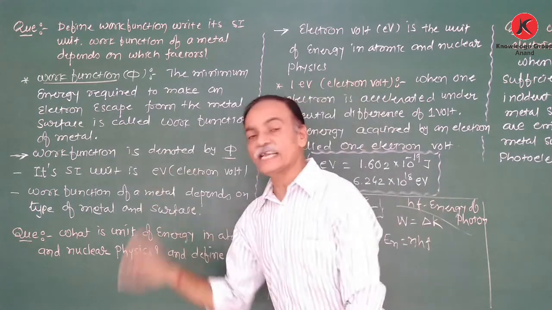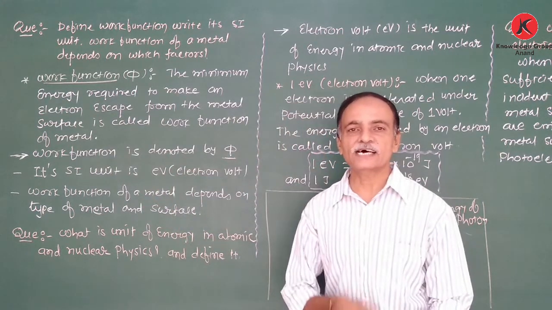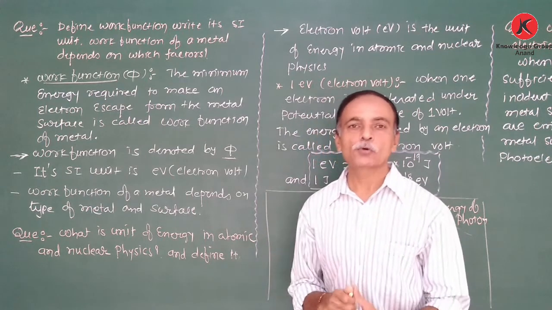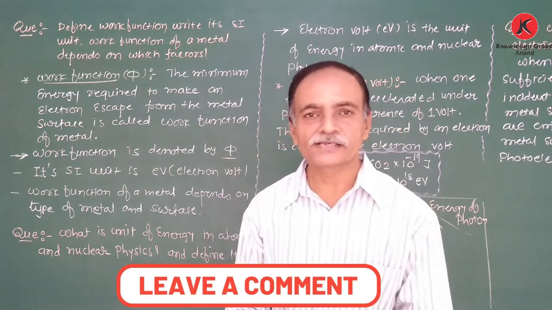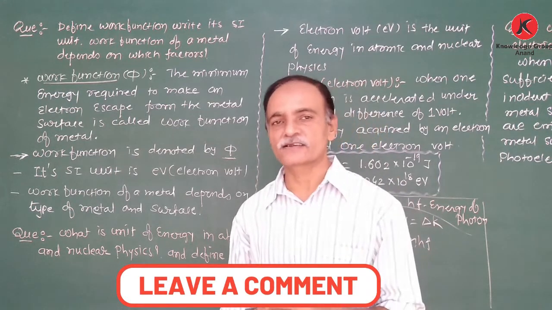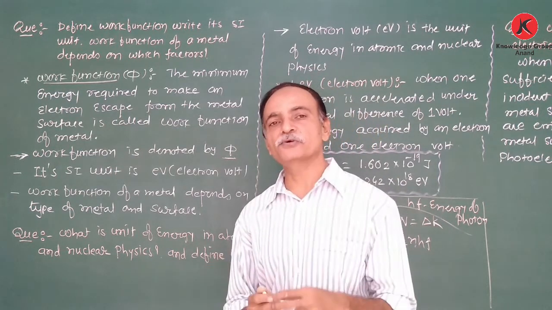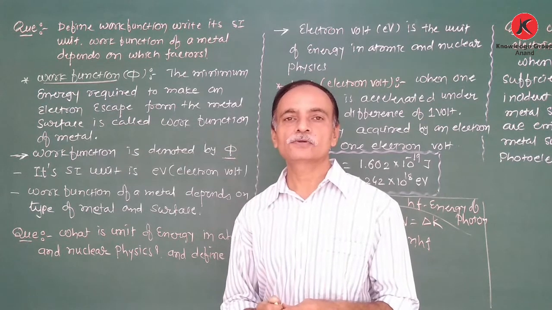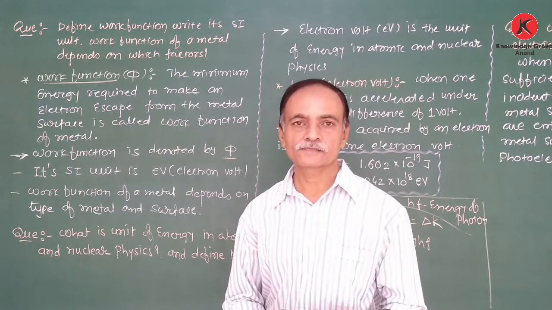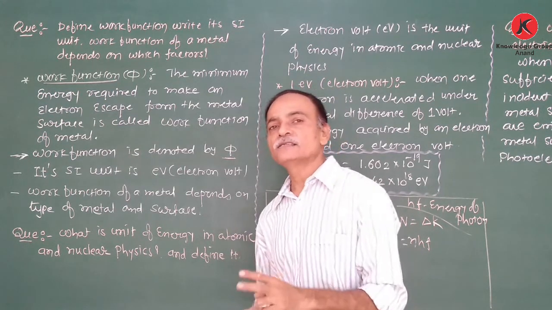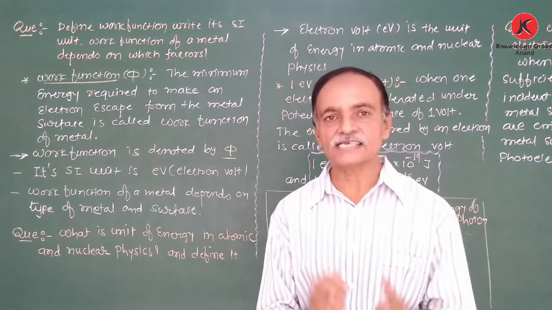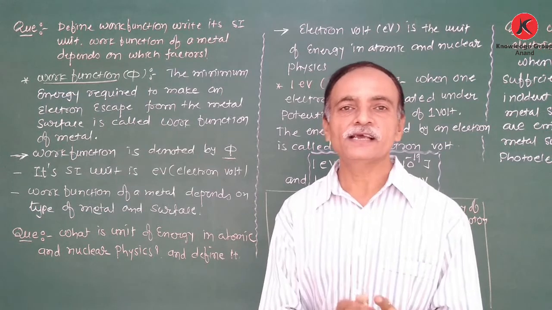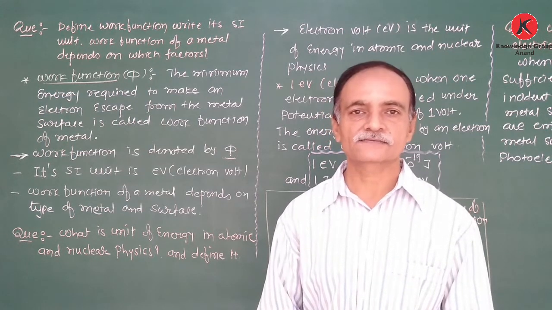The SI unit is the electron volt. That is a unit of energy. Already we learned about two additional units in chapter 2 in 11th standard: the atomic mass unit and the electron volt. These two are the units of mass and energy in atomic and nuclear physics.